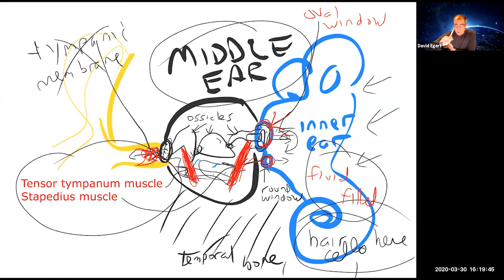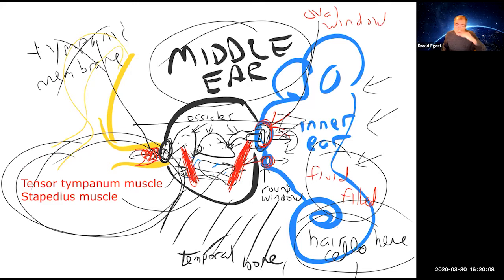So this is one of the ways your body has, like think about if the lights are really bright, the pupil gets really small, the iris constricts, so you have less light coming in. If the sound is really loud, these little muscles are going to tense up, make sure these ossicles don't move as much, which means less of that sound energy is going on into the inner ear.